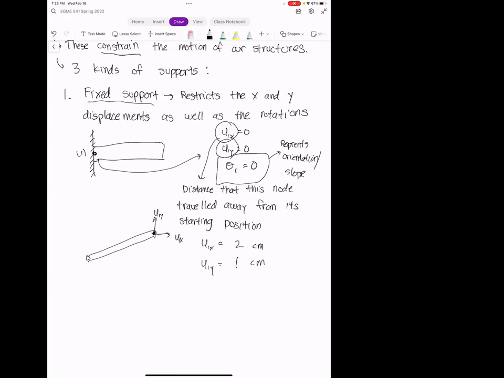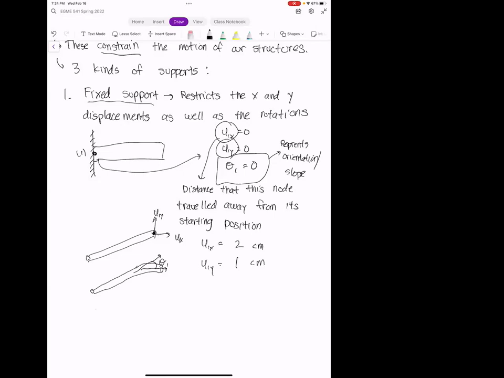I'm going to exaggerate this just because otherwise it'd be really hard to draw. One way you can imagine it is like the beam is bending over that way. It might be displacing up and to the right, but there's also some twisting here that changes the direction of that element. If this would be the original axis of the element, but then the end is actually pointed this way, the difference between these two orientations, that's the rotation.